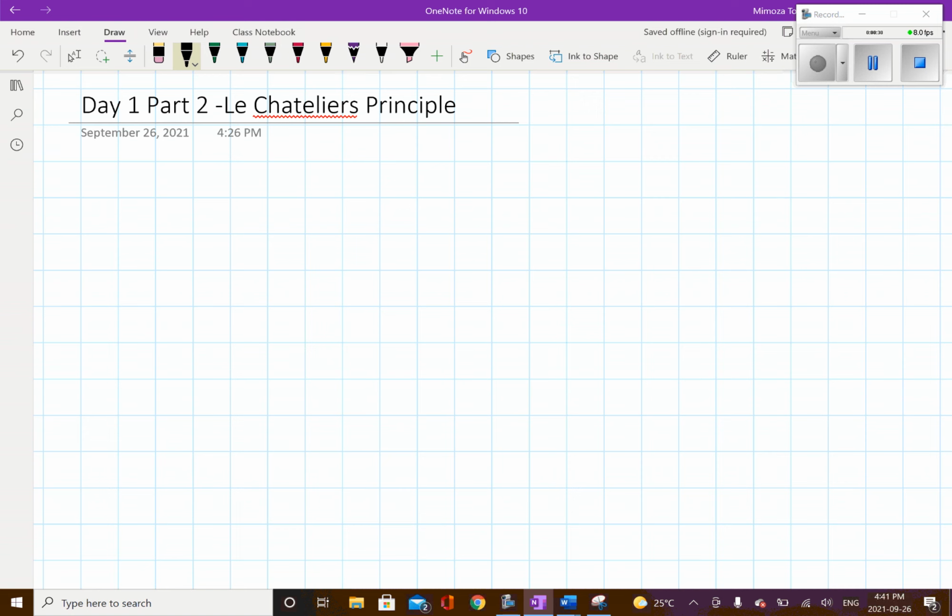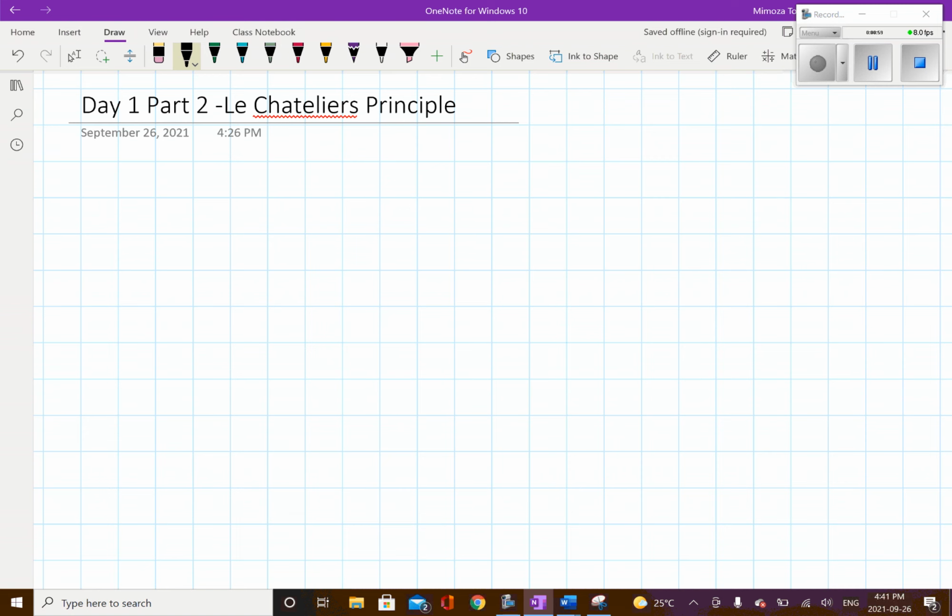We said in the first part that in what is known as dynamic equilibrium, at the same rate that the forward reaction is happening, the reverse reaction is happening as well. The balance is very delicate, and we have to keep in mind it's very careful.